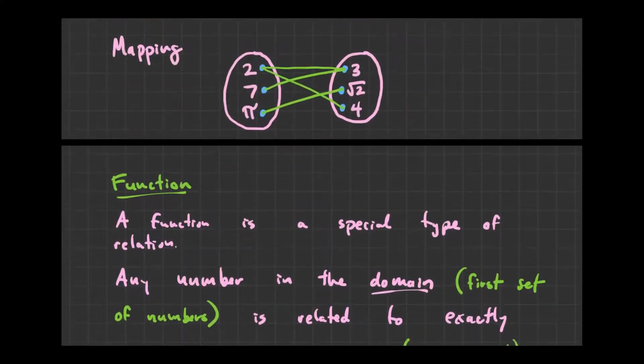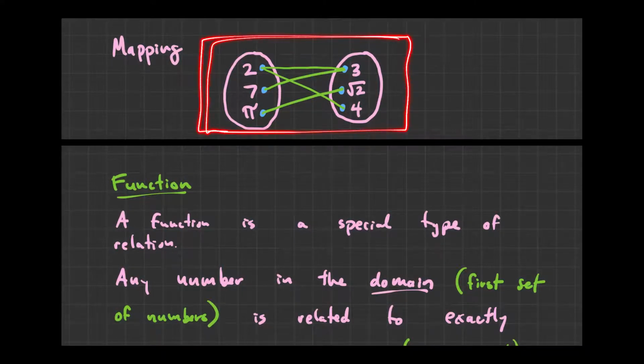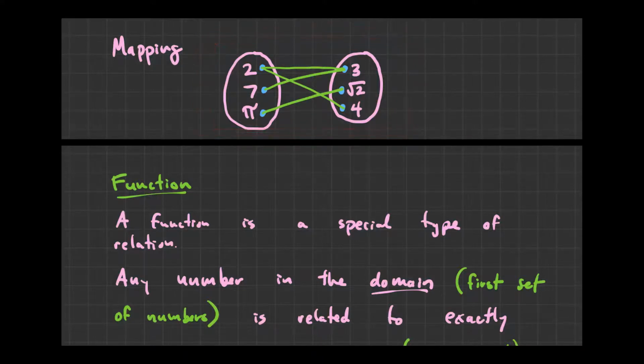So in this mapping, is this relation a function? No, I heard a no. Why not? Because multiple. Yeah, so this 2 here, this is our culprit, because 2 has 2 numbers that it's going to. It's going to both 3 and 4.